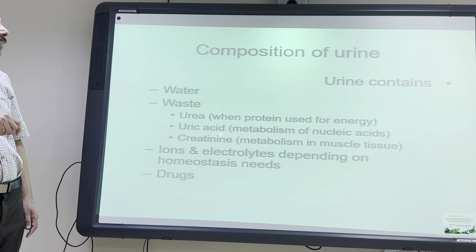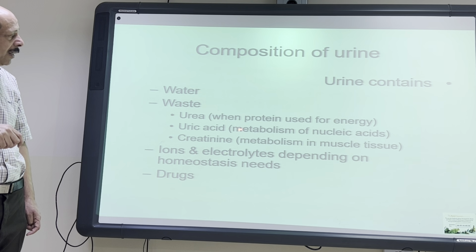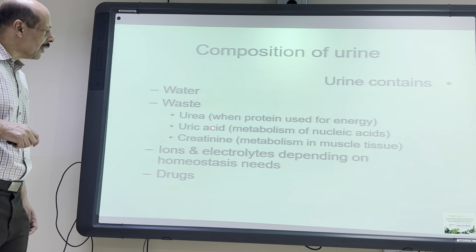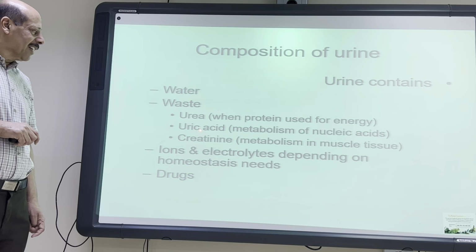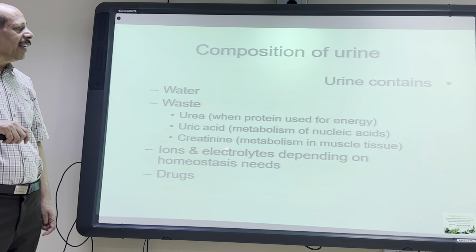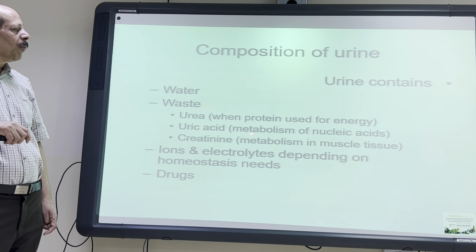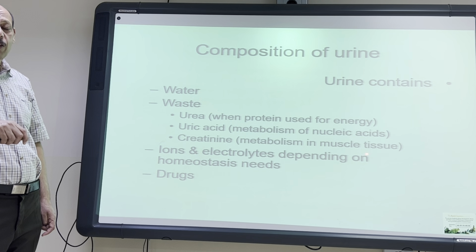The uric acid is from the metabolism of nucleic acid. So when nucleic acid is metabolized in our body, the end result of it is uric acid. Creatinine is due to metabolism in muscular tissues.